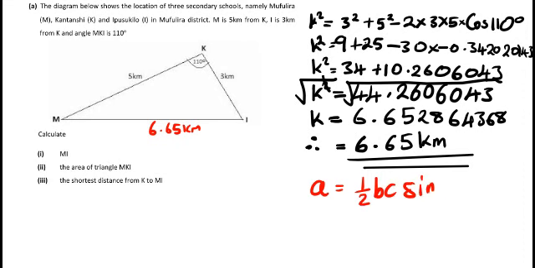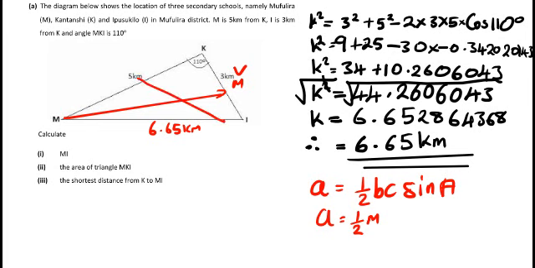So in this case, in order for us to modify our formula, our area will be equal to 1 over 2. Now our B becomes M, because you just get the opposite there, and then our C becomes our L. So we say L, and then we write sine, we get the angle which has the adjacent sides, which are 5 kilometers and 3 kilometers.